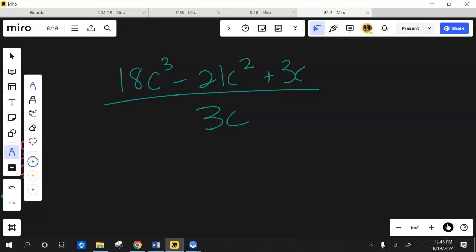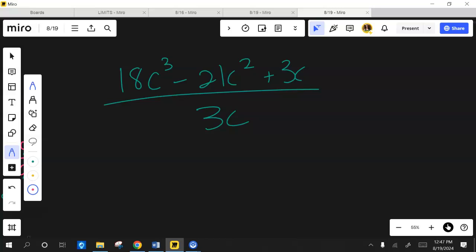All right. Am I dividing by a monomial? Why? Put your feet on the floor. There's no plus or minus in the bottom. That's exactly right.